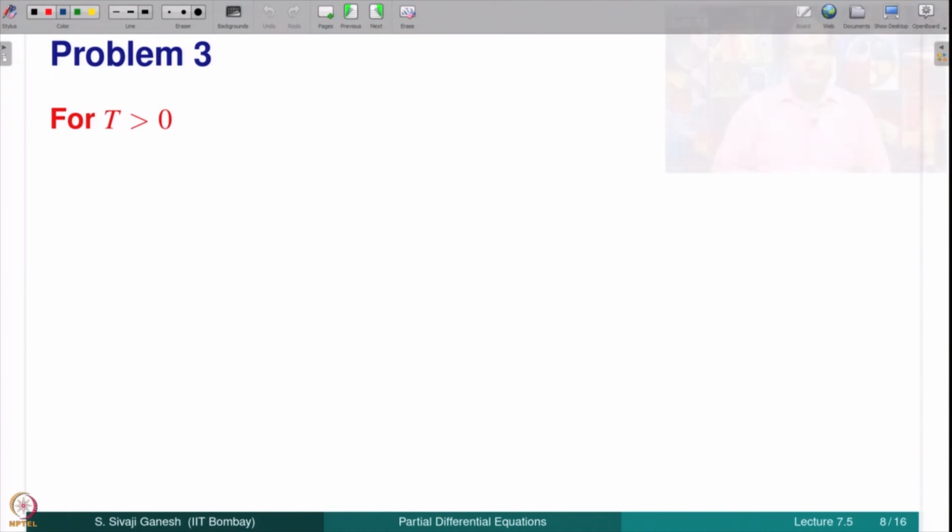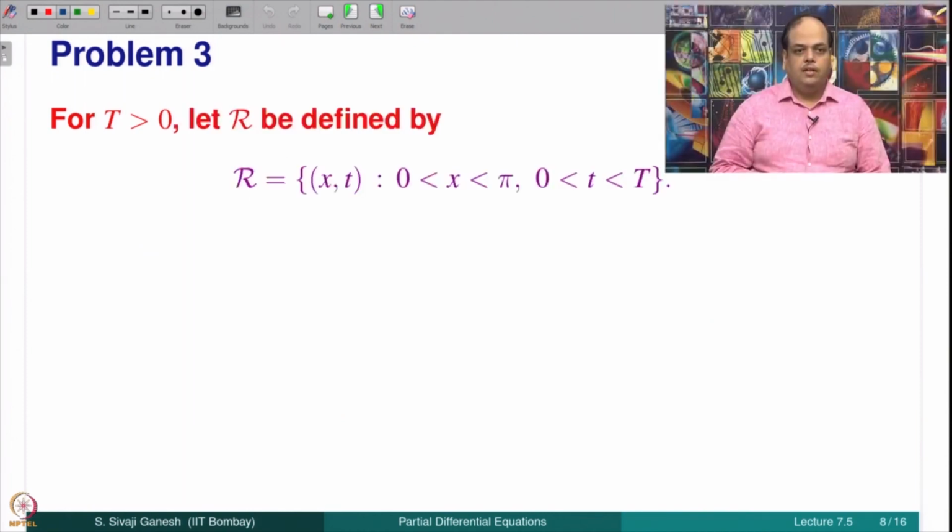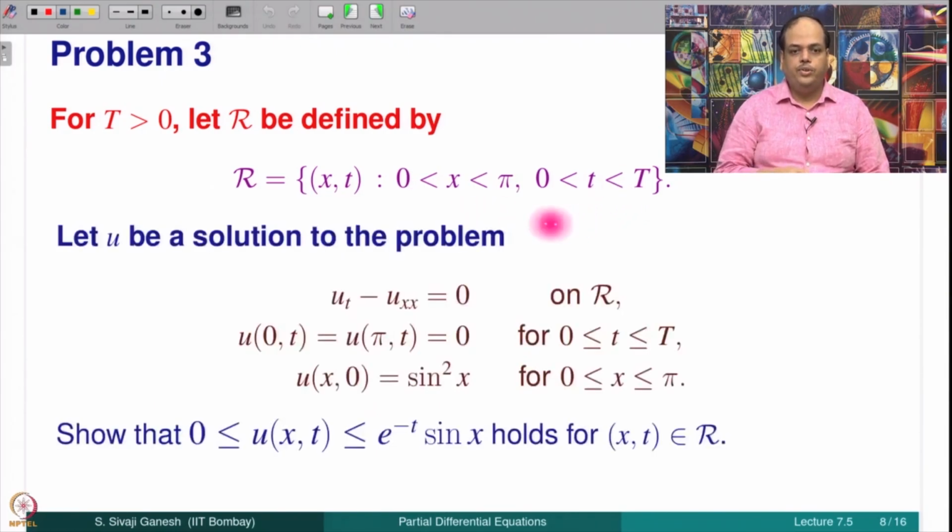Now, let us move on to problem 3. For t positive, let R be defined by the rectangle (0, pi) cross (0, t). Let u be a solution to this initial boundary value problem: homogeneous heat equation, boundary conditions are 0, initial condition is sin square x.